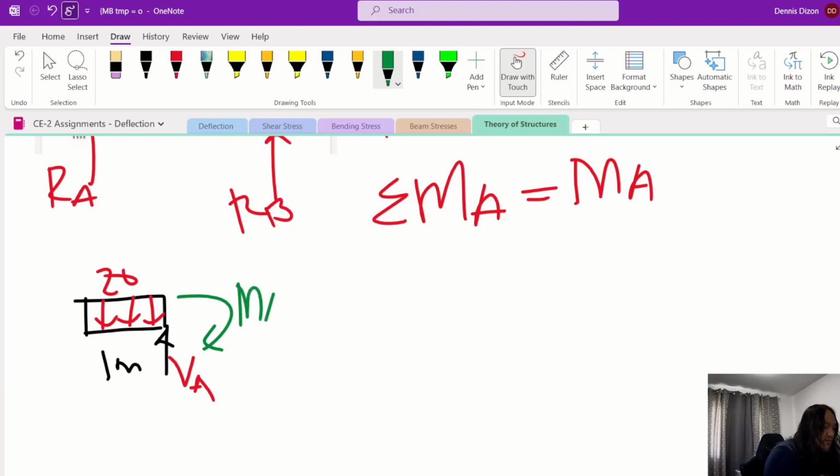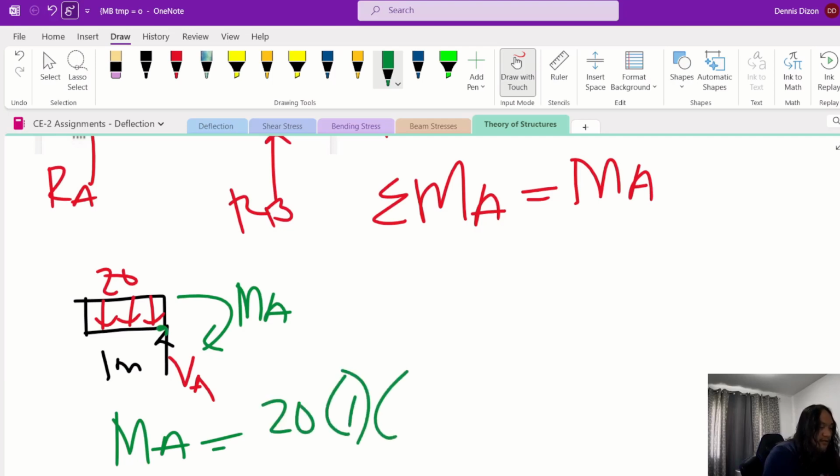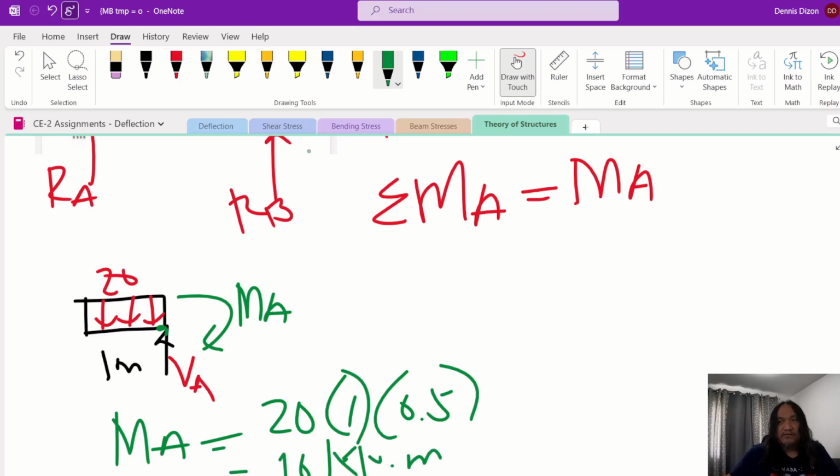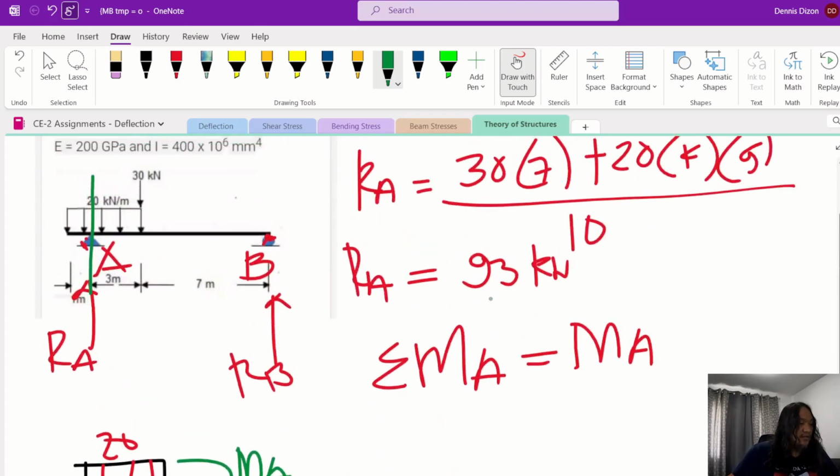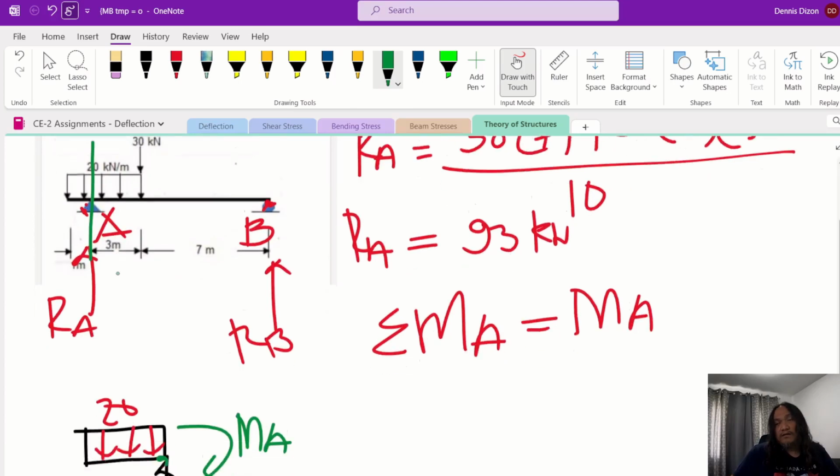So this is our moment at A. Therefore, summation of moments at A is equal to the moment at A. So moment at A is equal to 20 times 1 times 0.5, which is 10 kilonewton meter. Now, with this moment at A, we can solve for the reaction at B, and then we sum up moments at A.